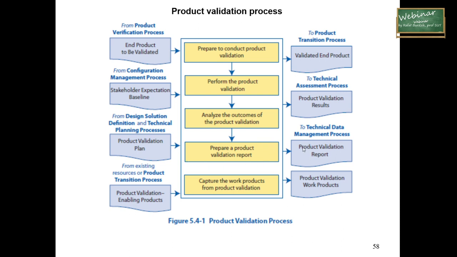As the output, I should have the product validation report, which should be delivered to the technical data management process. So everything again is about capturing the work products from the product validation, based on the product validation enabled products, and generating the product validation work products.